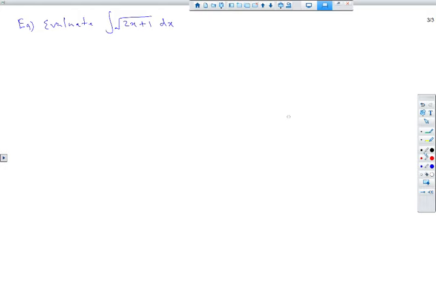Another example. So let's say evaluate the integral of the square root of 2x plus 1, dx. Okay, the square root of 2x plus 1 dx. So you already know what to do.